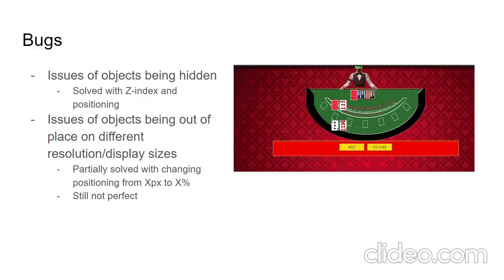And this was partially solved by changing the positioning options from percentages to pixels. So instead of saying a left 40%, you could do a left 400 pixels. And it's better. It's still not perfect. There's still some issues, but it is serviceable.